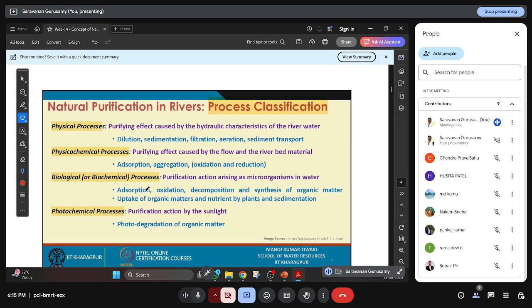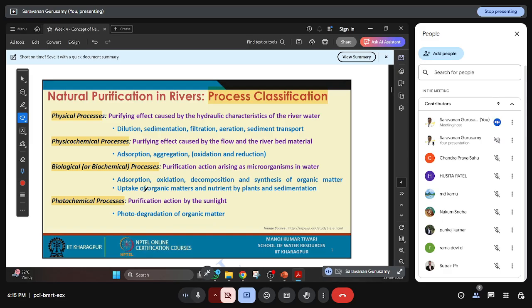So how can we classify this type of processes? Physical processes like dilution, sedimentation, filtration, aeration, and sediment transport.